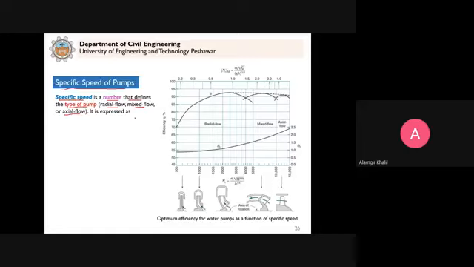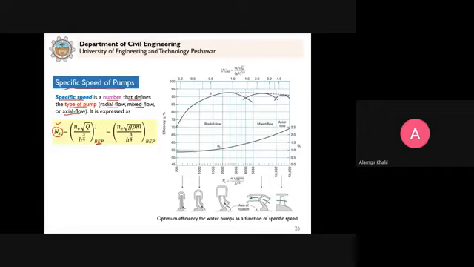Clear? So this NS is given by this equation, and this specific speed must correspond to the best efficiency point. Remember, the pump should operate at maximum efficiency for any given specific job.